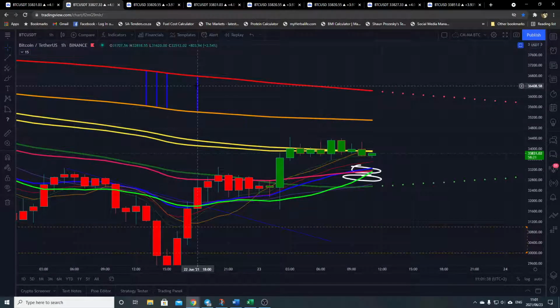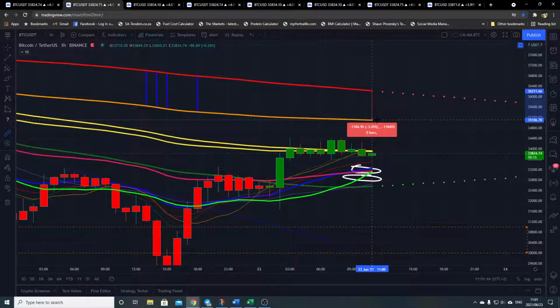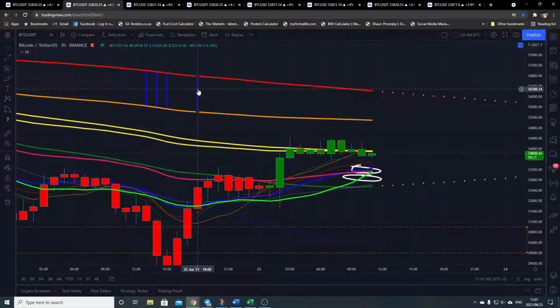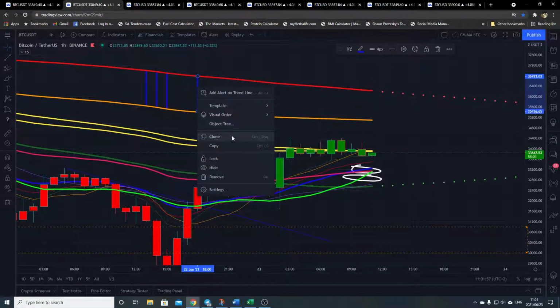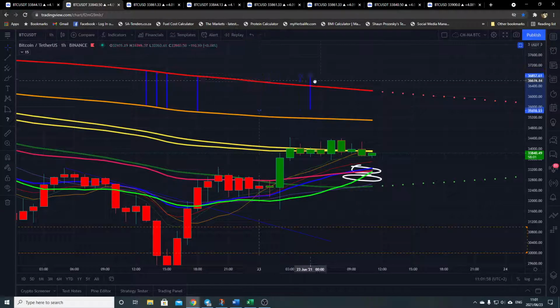Now, this is a simple tool that I use. You can use the measuring tool and distance, where you can get the percentage, but I use this to show me exactly, visually, right there and right now, that these bands are getting smaller and smaller. So this is exactly the same, so I'm going to clone it so it's the same size.